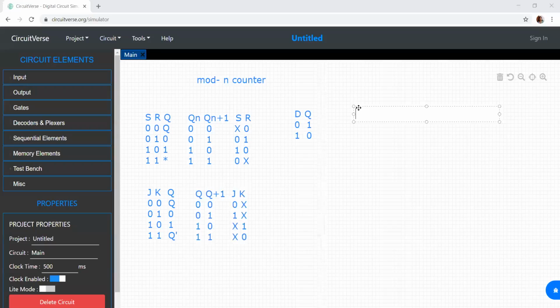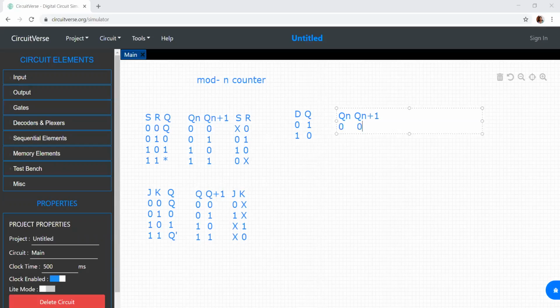Now if you write the excitation table for D flip-flop, it will be Qn and Qn plus 1. I can also denote this using Q and Q plus 1. Both mean Qn and Qn plus 1 is what I'm talking about.